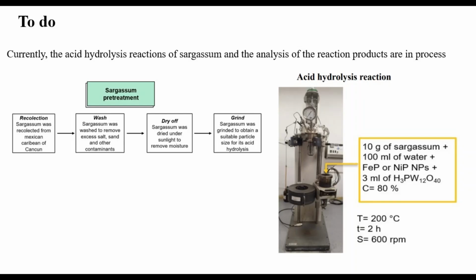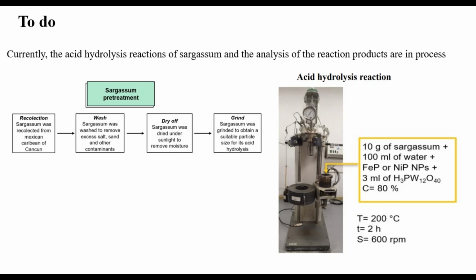Currently, the acid hydrolysis reaction of sargassum and the analysis of the reaction products are in process. As you can see, sargassum undergoes a pretreatment. First the collection, second the wash, third the drying, and finally grinding. The acid hydrolysis reactions are carried out in a Parr instrument reactor.